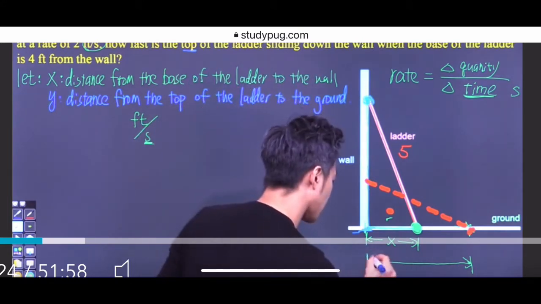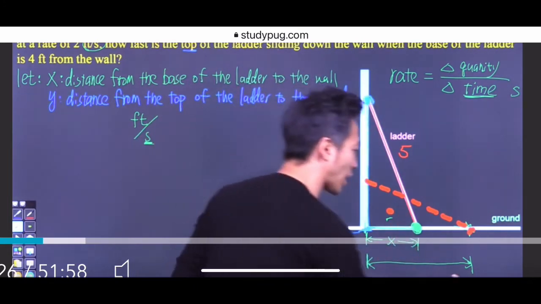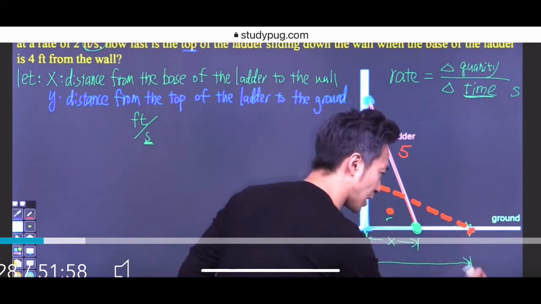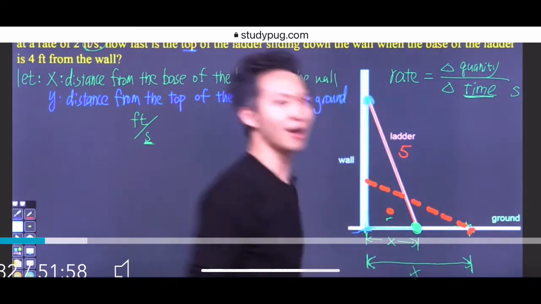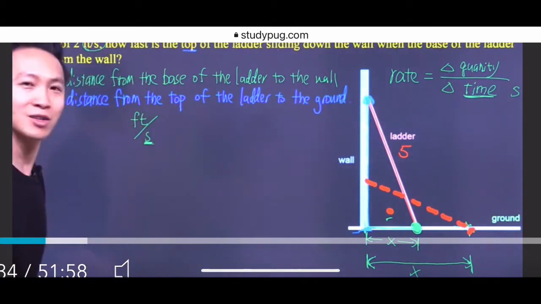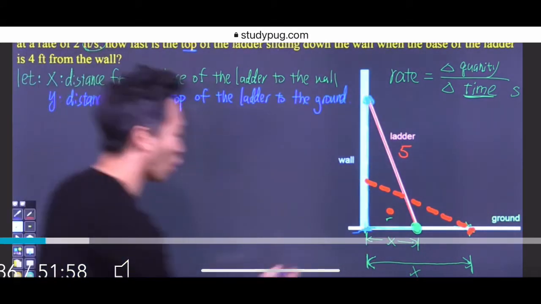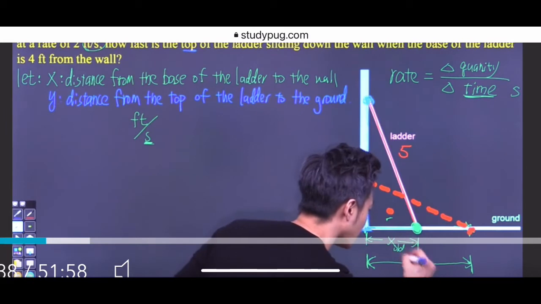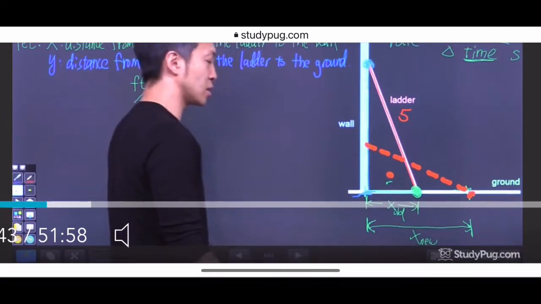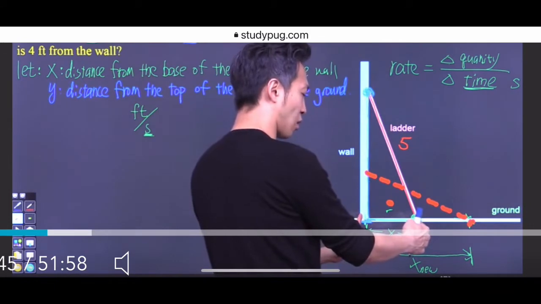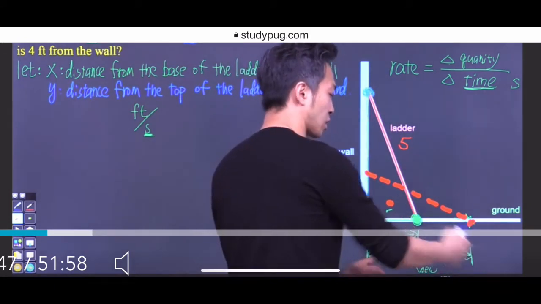X is always defined as the distance from the base right here to the wall. So can you see that? This is old. This is new. The old x is only this long. The new x is now longer.